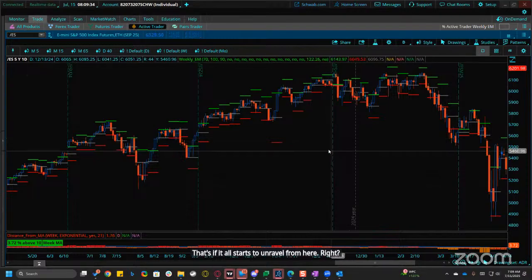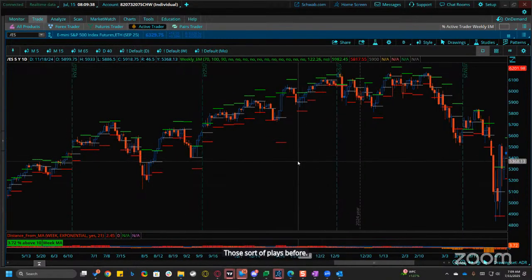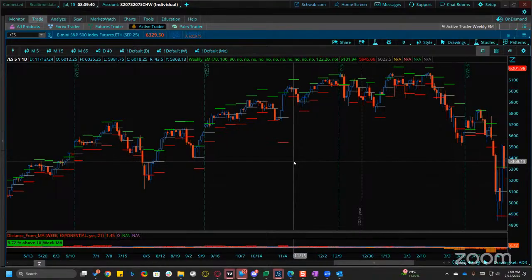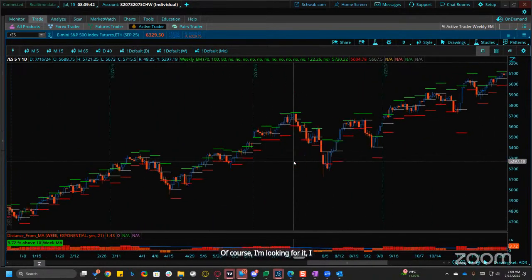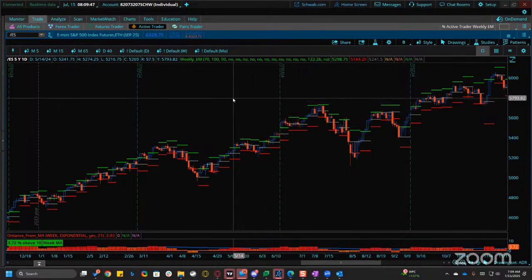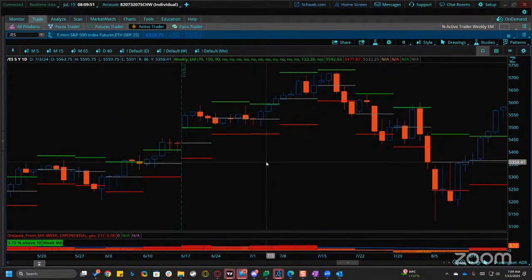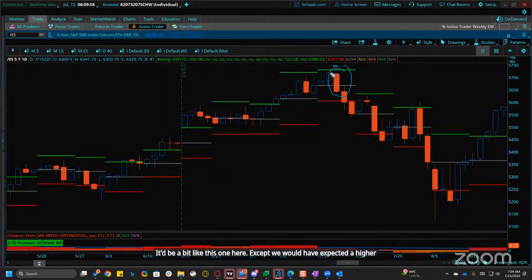And go back in the past, you've seen those sort of plays before. Of course, I'm looking for it. I won't find it. It'd be a bit like this one here, except we would have expected a higher gap first, right? So gap up, a little bit of a run, then a dump.